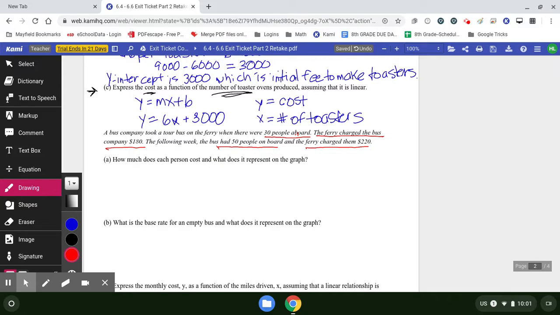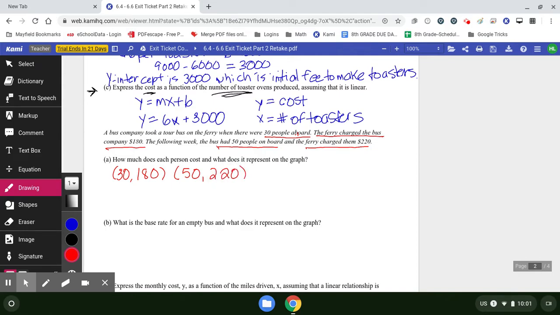And they want to know how much does each person cost and what does it represent on the graph. So I have, once again, I know 30 people is $180. And I know 50 people cost $220.